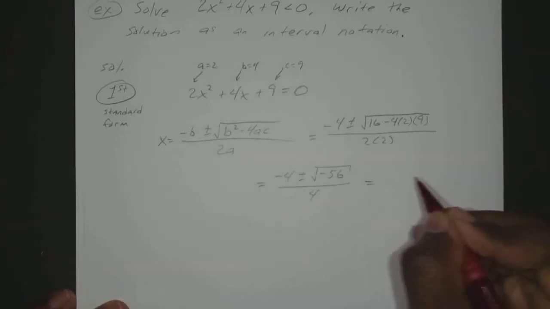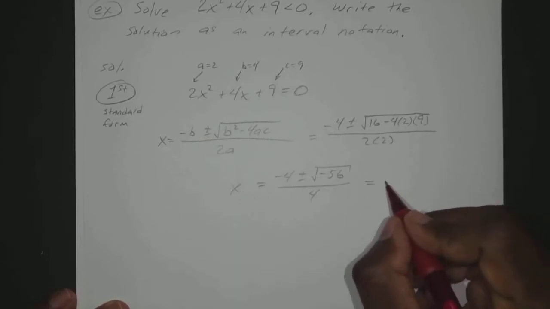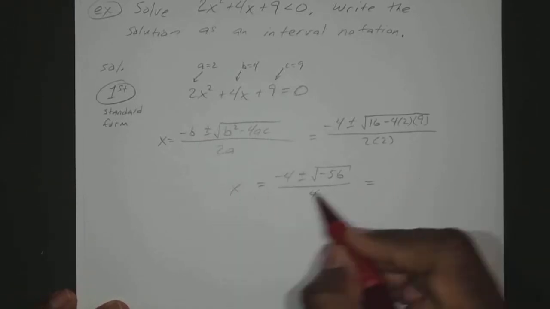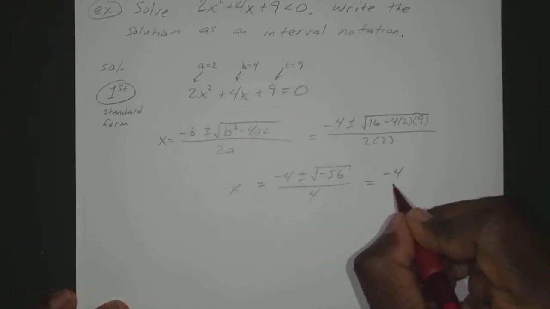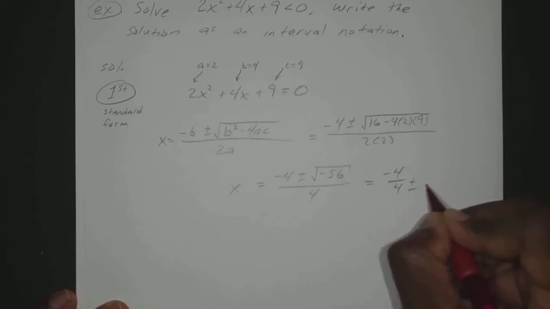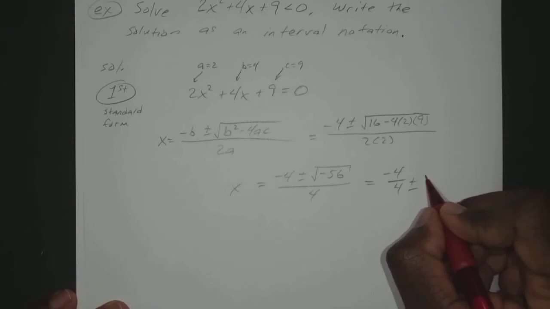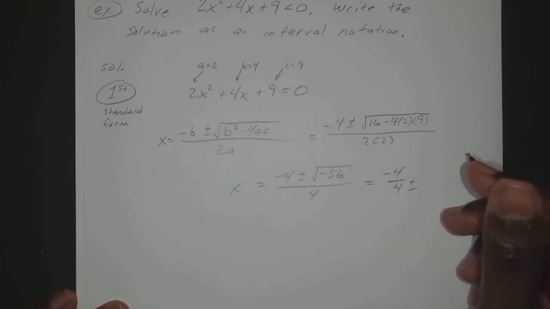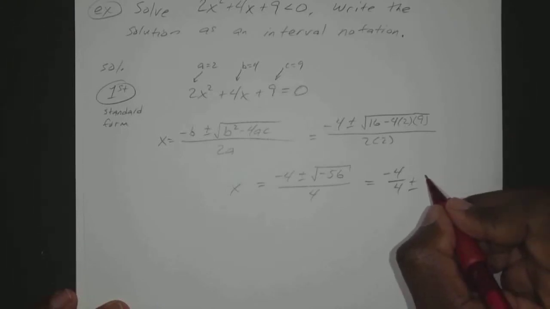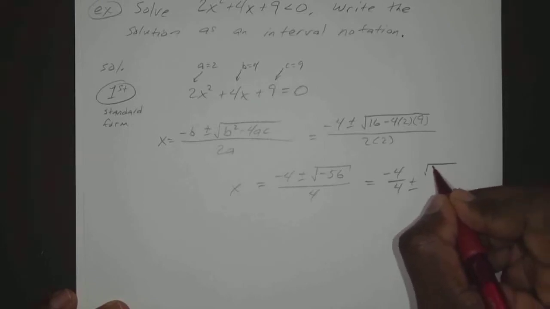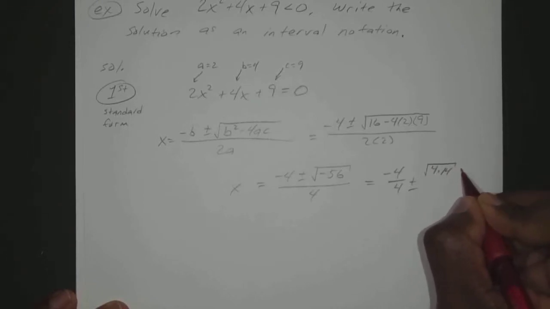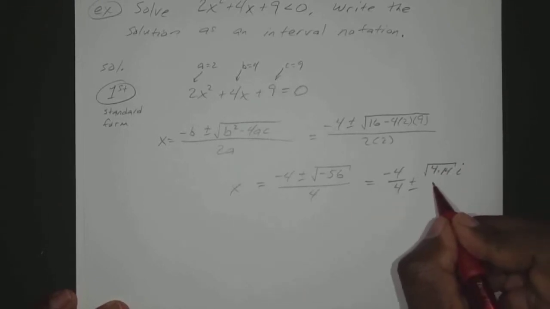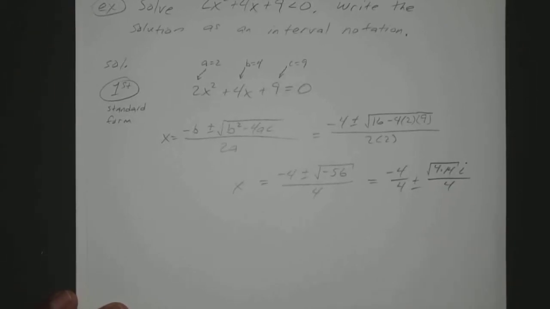If we want to simplify it a little bit more, we can have that equal negative 4 over 4 plus or minus the square root of 56. That's 4 times 14, with an i since it's negative, over 4.